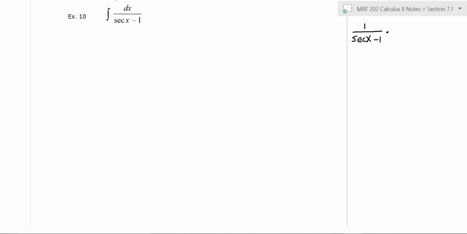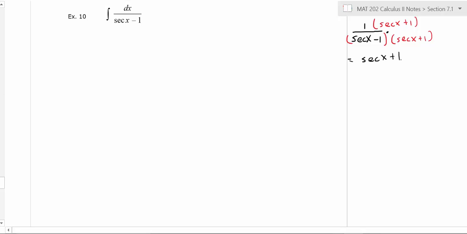I'm going to multiply this by secant x plus 1 over secant x plus 1. That gives secant x plus 1 in the numerator. The denominator is going to multiply out to give secant squared x minus 1, if you do the FOIL.